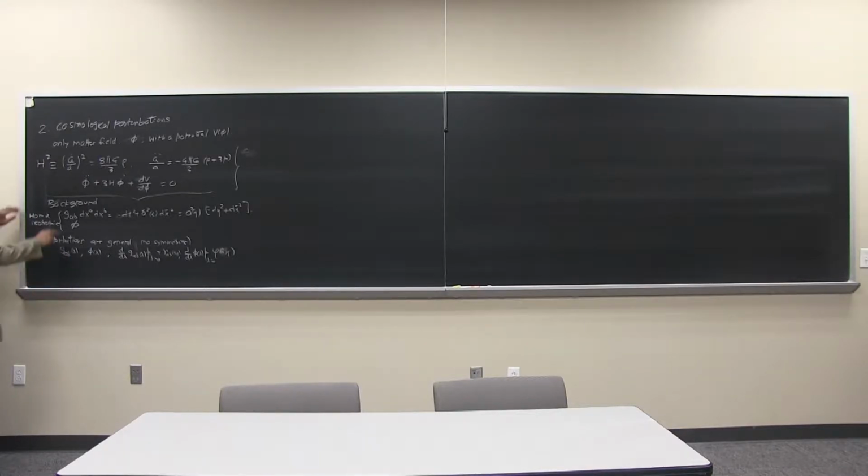So I've got the background here, which is given to us. This background corresponds to g ab at lambda equal to 0 and phi at lambda equal to 0. This is the background which satisfies these various equations, and now we're going to do perturbations.